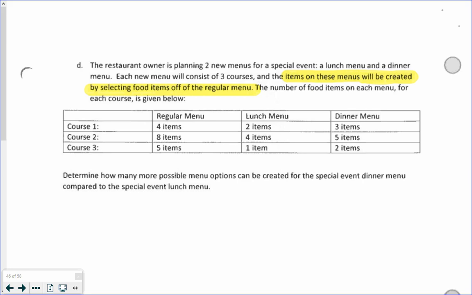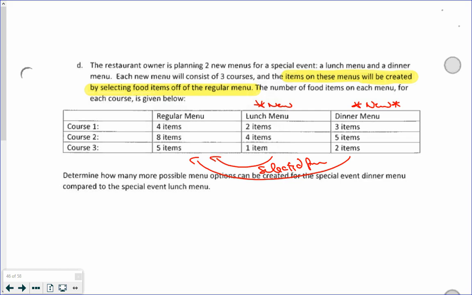So you've got your 3 courses, you've got your regular menu, and you've got your new menus. And all of these items are selected from the regular menu. So they're not new items, they're selected from.